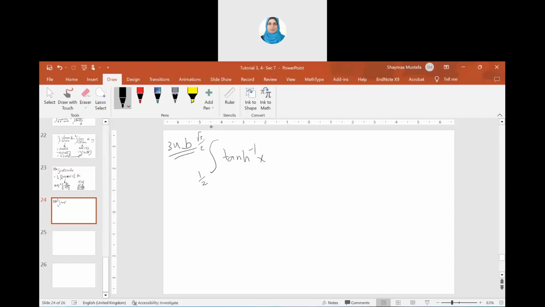Tan inverse x: use by parts. Take u equal to tan inverse x, dv equal to dx. Then v equals x. I don't know the derivative of tan inverse, I think 1 over 1 minus x squared, if I remember. And then you can continue.